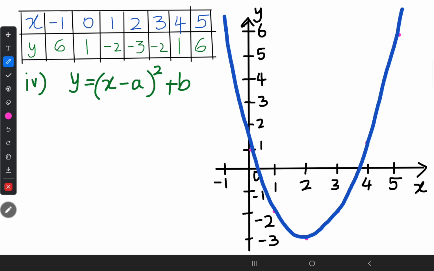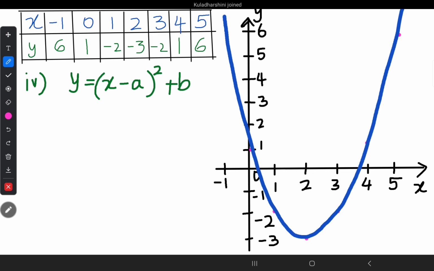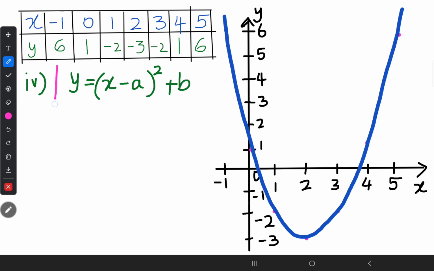That means we cannot do that work. So I hope you remember that we have to use the symmetrical axis, the symmetrical line of this graph, and the least point of this graph to represent our answer in this form. Here the a is indicating the symmetrical axis.